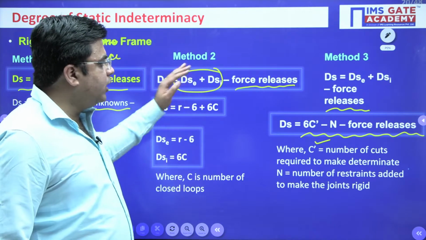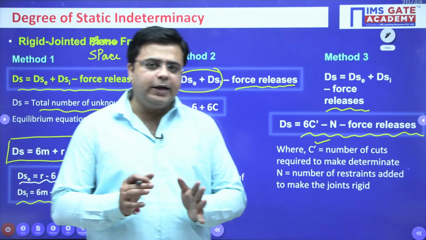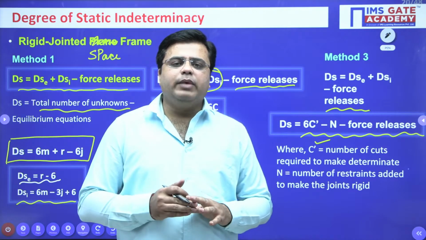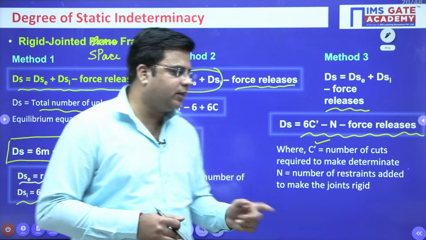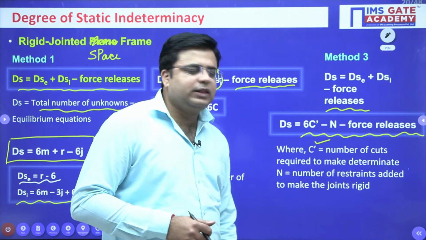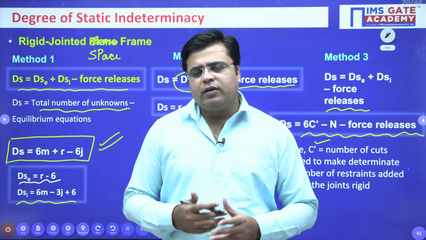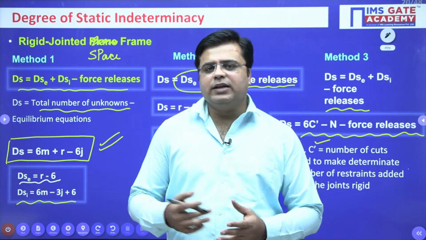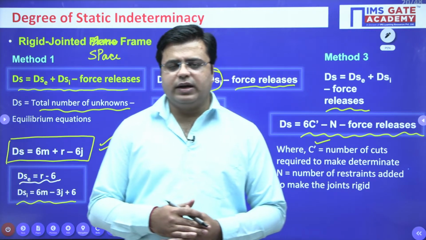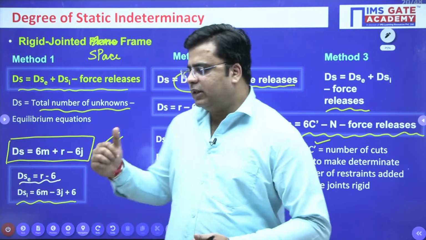When we are talking about a rigid jointed space frame, we need to analyze this structure in 3D, so for 3D, the number of cuts required to make this structure a free cantilever is the value of c dash, and n is the number of restraints added to make the joints rigid. These restraints are only added when your support condition is either a hinge support or a roller support. We need not add any restraining moments or forces when we talk about a fixed support, okay? So hopefully this is clear to you.